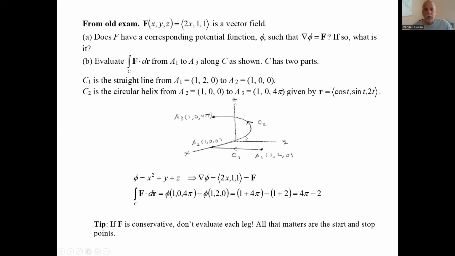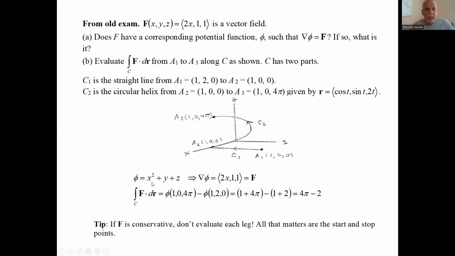So now we can evaluate this. And now here's a trick. Every time I give this problem, some student does it the hard way. All that matters is where you start and where you end. You don't need to do each leg independently. Remember, it's independent of path.